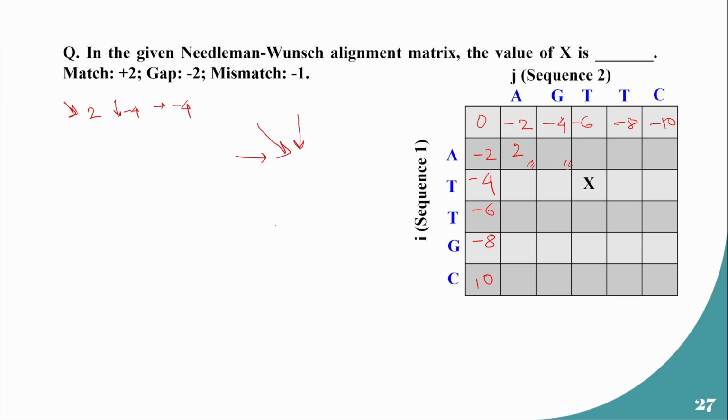Then you have to calculate this grid. Again, for the diagonal, what will we get? We will get -2 plus 2 equals 0. From the vertical path, we will get -6. From the horizontal path, we will get 2 -2, right? I think, yeah.